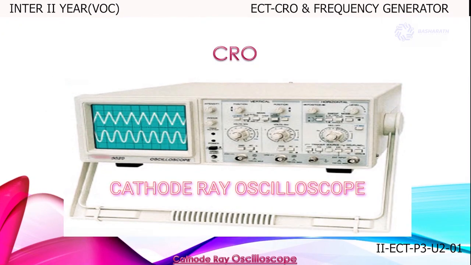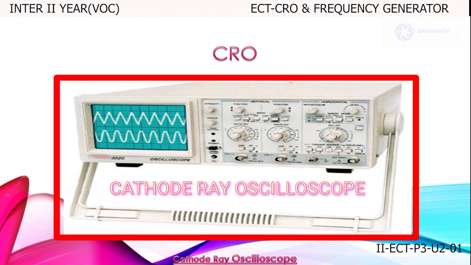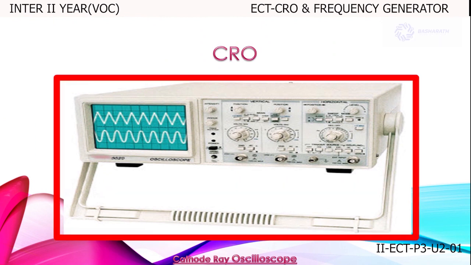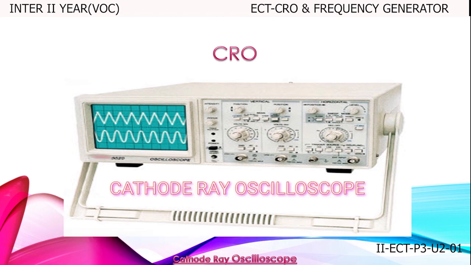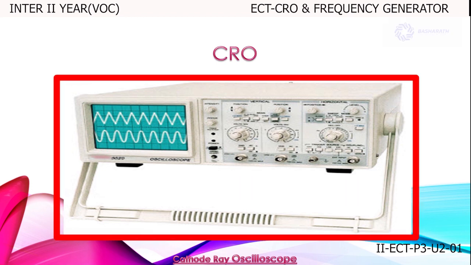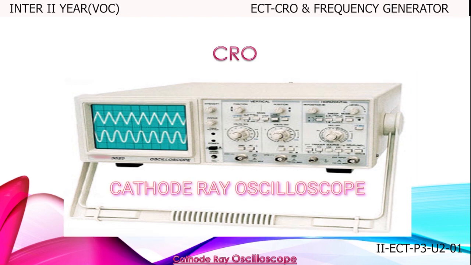In this slide, you can see the picture of CRO, that is cathode ray oscilloscope. CRO is the most useful and versatile instrument used to display the various waveforms which can be analyzed.